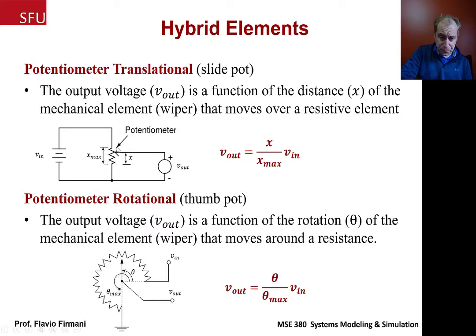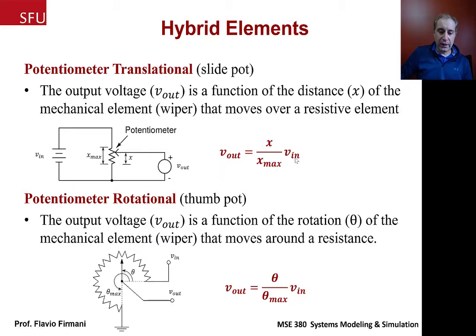But if you lower the wiper, the voltage passing through this resistor will drop, and depending on the value of X, we're going to have a different output voltage. So the output voltage is the ratio of X, the position of the wiper, divided by the maximum length of the resistor, times the input voltage.